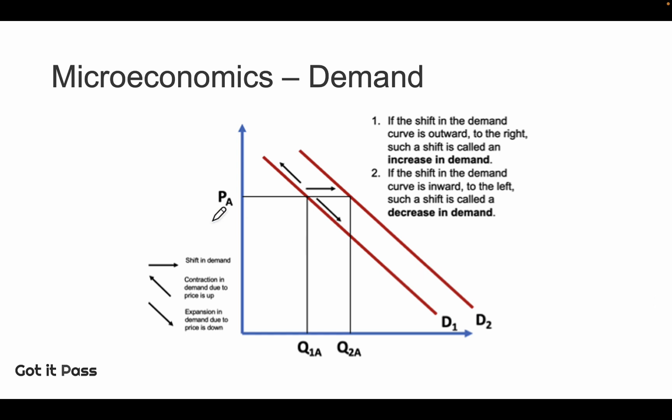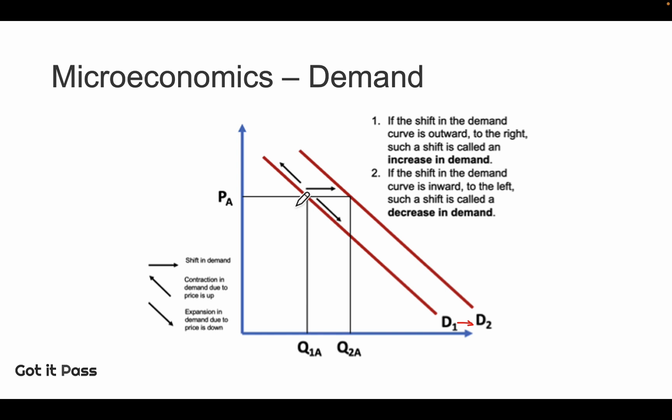We have the price PA, which we assume is constant, and the demand curve shifts from D1 to D2 because of a change in the conditions of demand, for example, the population, the income, the taste of the people. Just one example is, say, the income level changes.